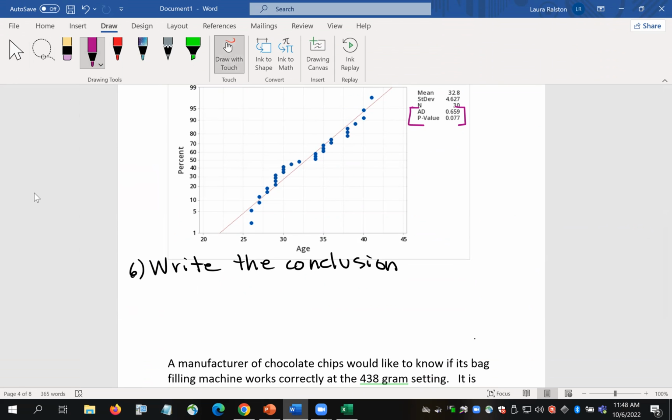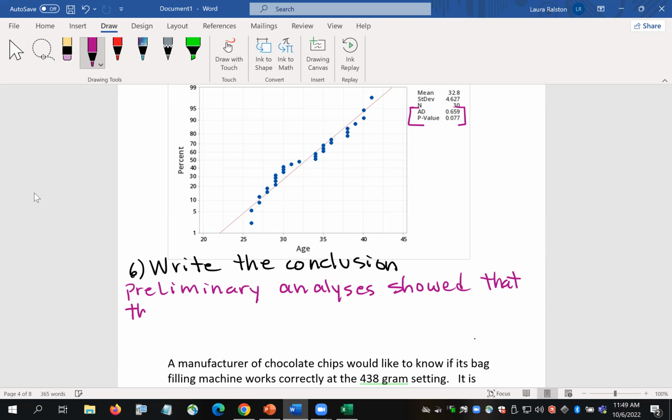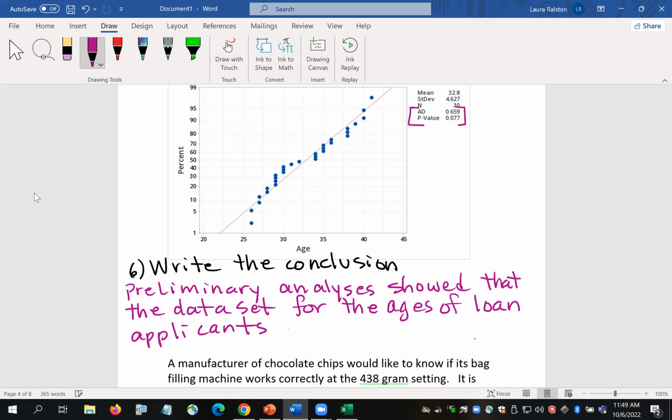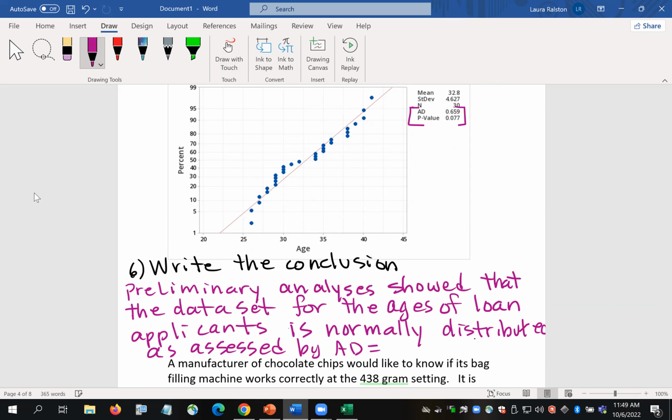And if we write the conclusion, we would write: preliminary analysis showed that the data set for the ages of loan applicants is normally distributed as assessed by Anderson-Darling 0.659 with a p-value equal to 0.077. And there is your conclusion.